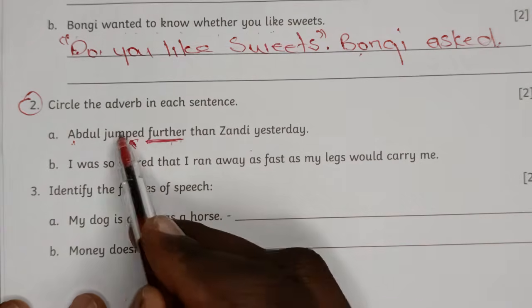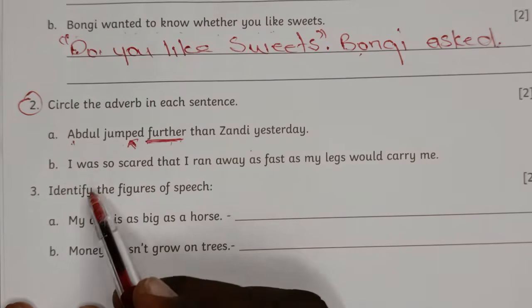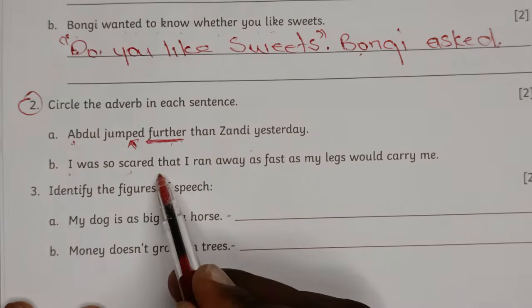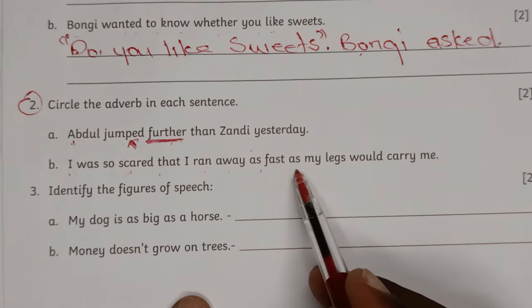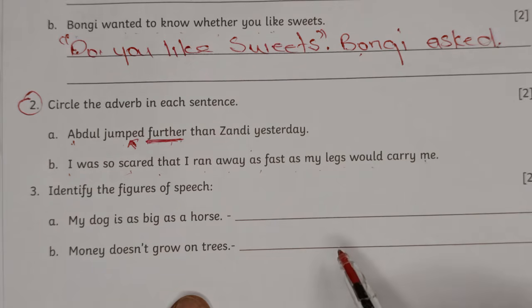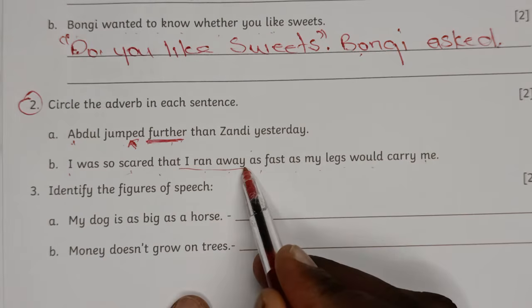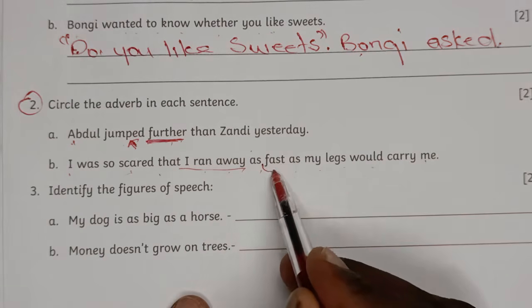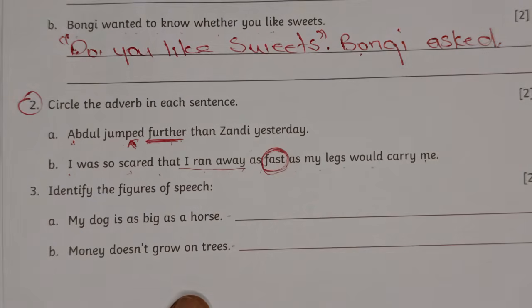It gives us the degree of the verb. The second one: I was so scared that I ran away as fast as my legs would carry me. He ran away, but how did he run away? As fast as his legs could carry him. So fast is our adverb.